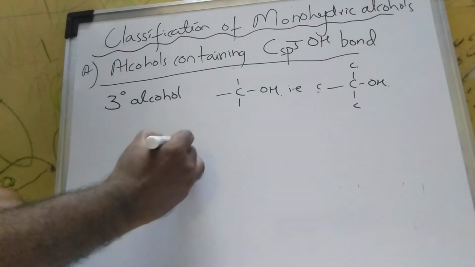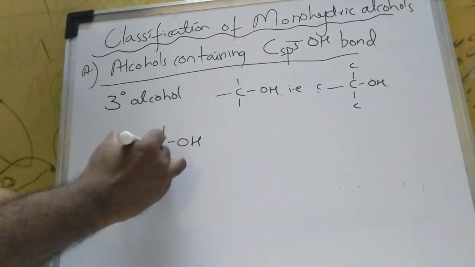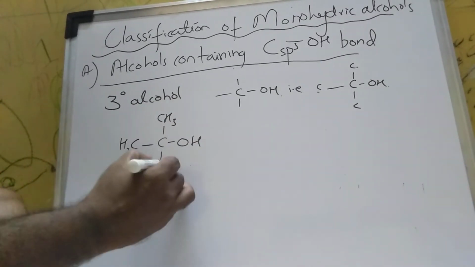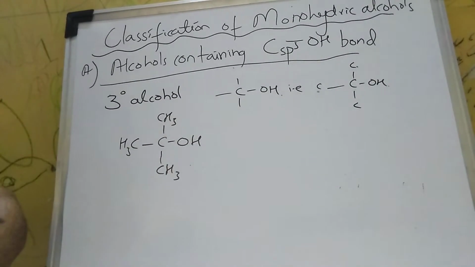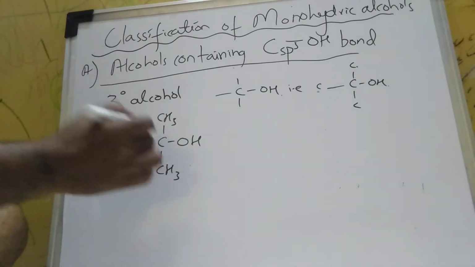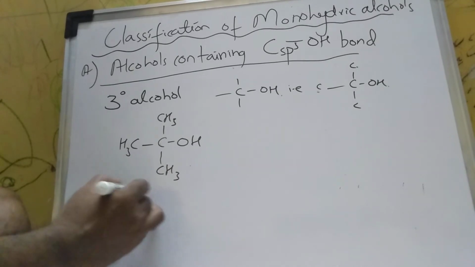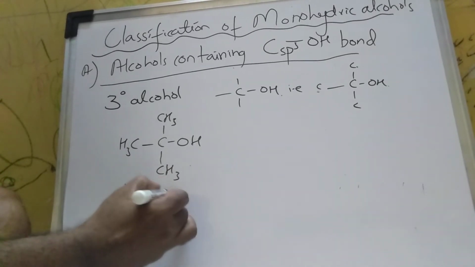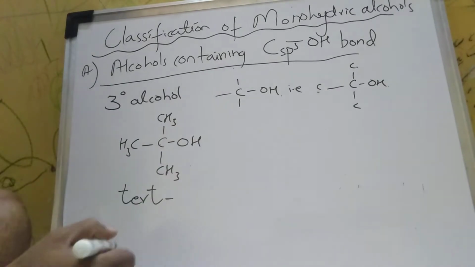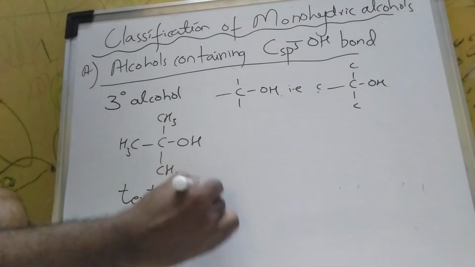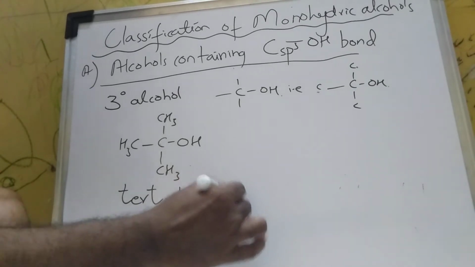So the example over here includes CH3, H3C, CH3. Now this carbon, which is attached to 3 carbons, is called a tertiary carbon. In short, we'll name it as tert. All in all there are 4 carbon atoms, so this is tert-butyl alcohol.